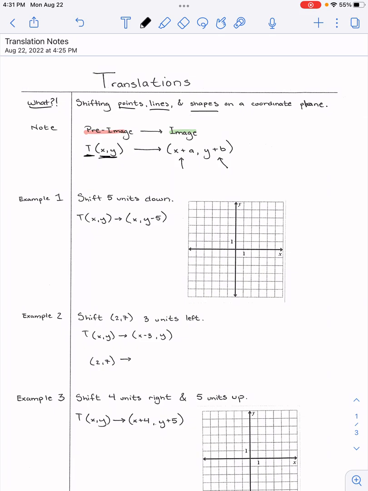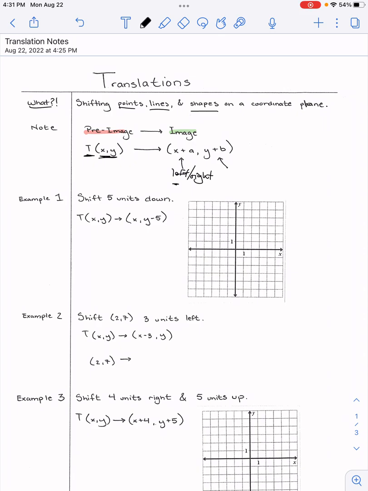So as we see here, on the right side, we have x plus a. This a value shifts either left or right. If this value is, let's say, instead of a, I'm going to say 3. So if this were x minus 3, it would shift the pre-image 3 to the left.